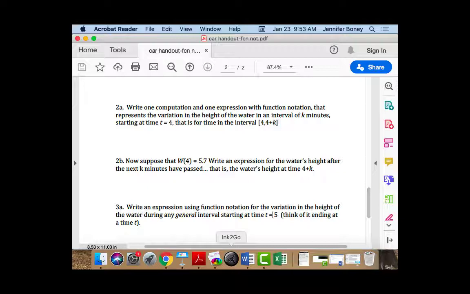But again, in any case, write an expression for the water's height after the k minutes have passed. Well, in other words, it's looking for what is w of 4 plus k. It's the height at 4 plus what happened during the next k minutes, which happens to be a negative something that happened.